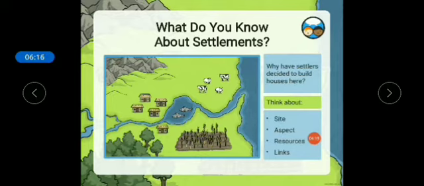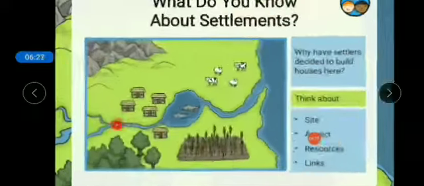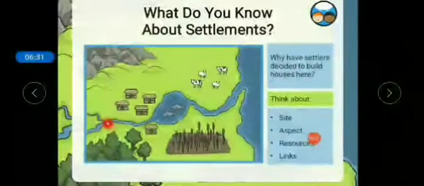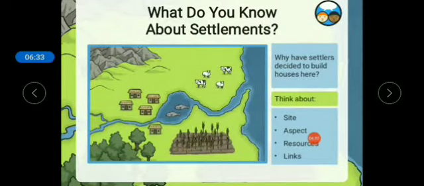So we will get to find out exactly what settlers look out for. Why have settlers decided to build houses in this particular place? Why? What are they seeing? What is most important to them, as the case may be?